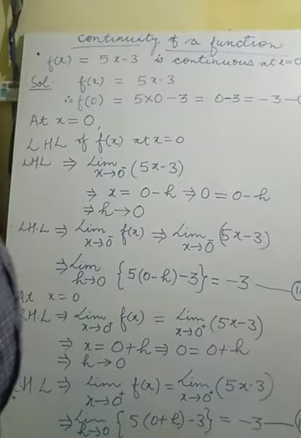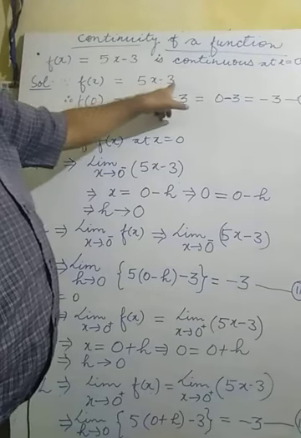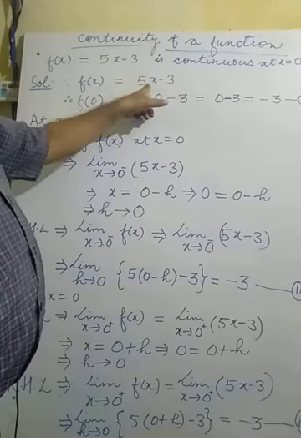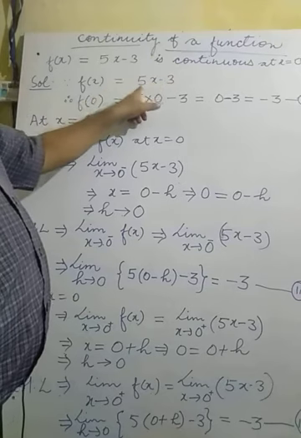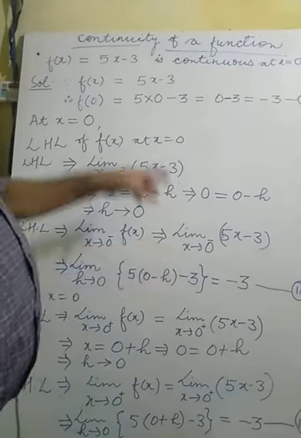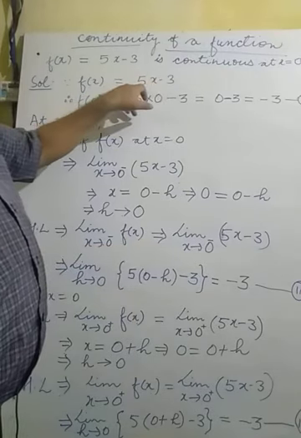Now observe here, since f(x) equals 5x minus 3, what is the meaning? 5 is multiplied into x and 3 is subtracted from 5x. So what to do? We have to multiply the value of x into 5.